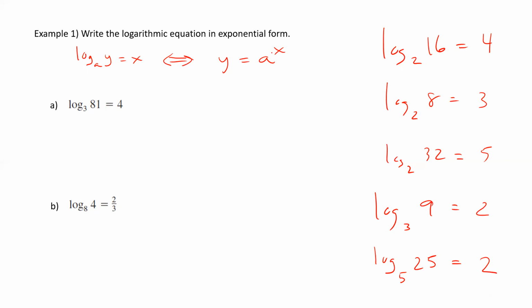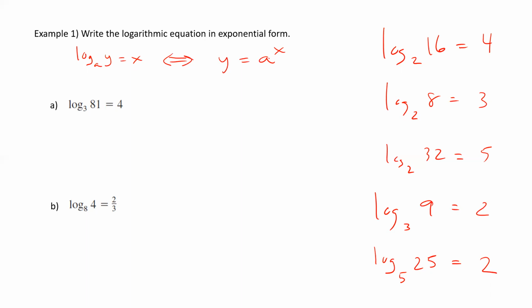Are we good? The subscript for the log becomes the base in your exponential equation. The y value inside the log becomes the value of the equation itself. And x, which was the value, now becomes the exponent.